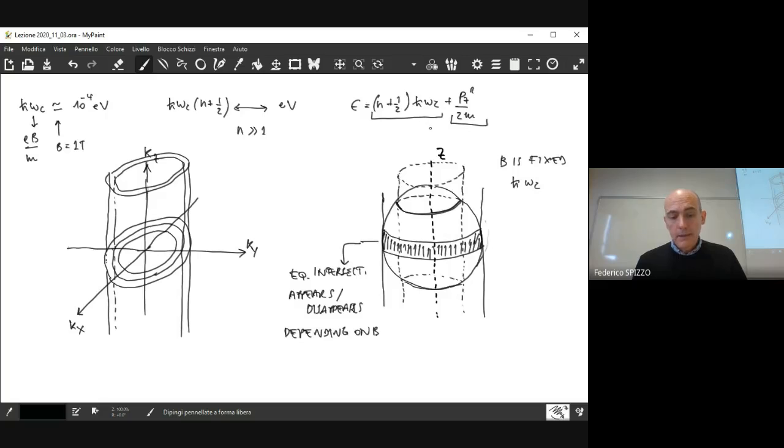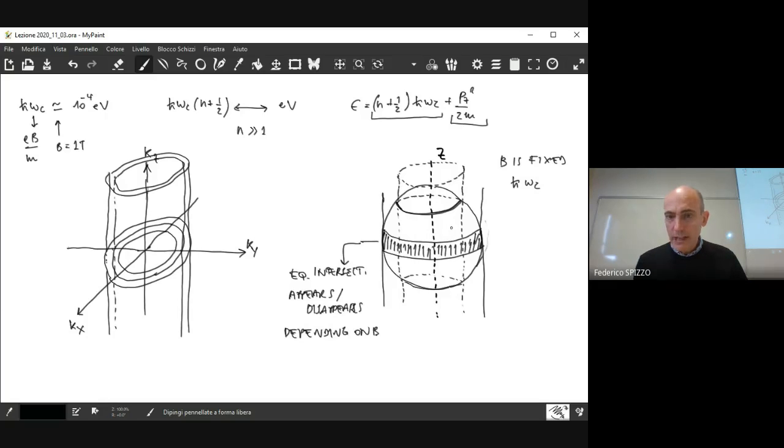So this means that if you change the value of B, you may switch from tangency condition to non-tangency condition. So you have that this equatorial intersection appears and disappears depending on the value of B.